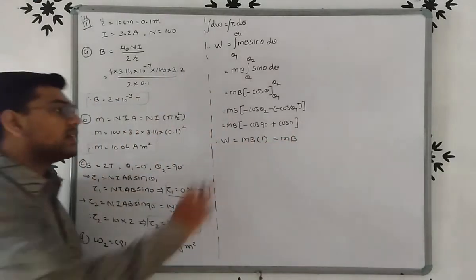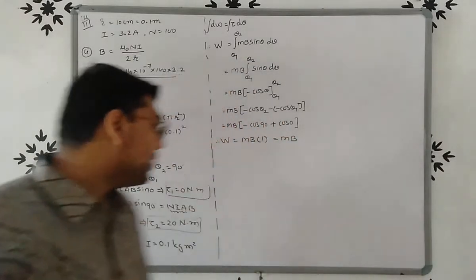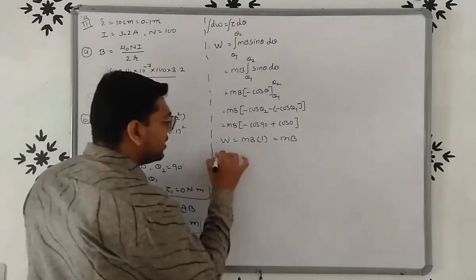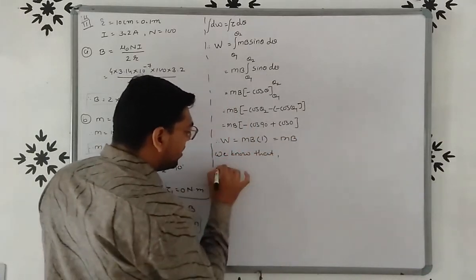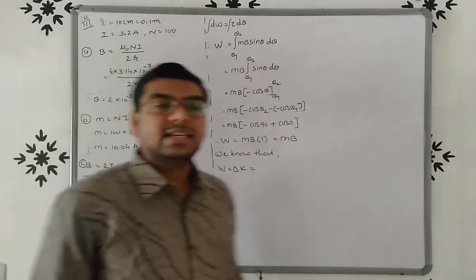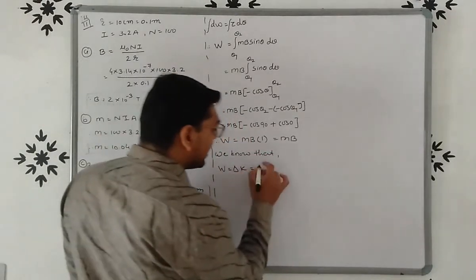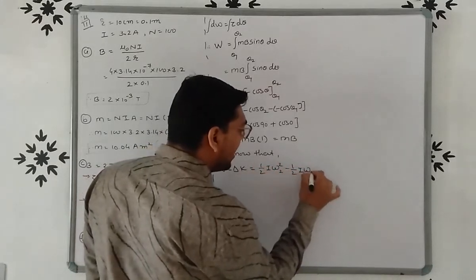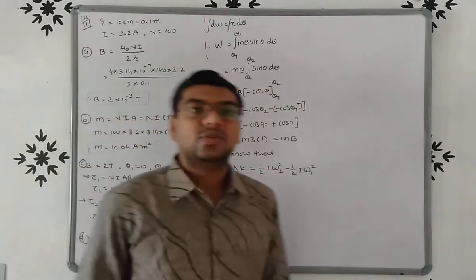So we know that work is equal to mB, but here we have to find the angular speed. So we know that W is equal to delta K, and we know that kinetic energy in rotational motion is 1 by 2 I omega square. So delta K is 1 by 2 I omega 2 square minus 1 by 2 I omega 1 square, right?